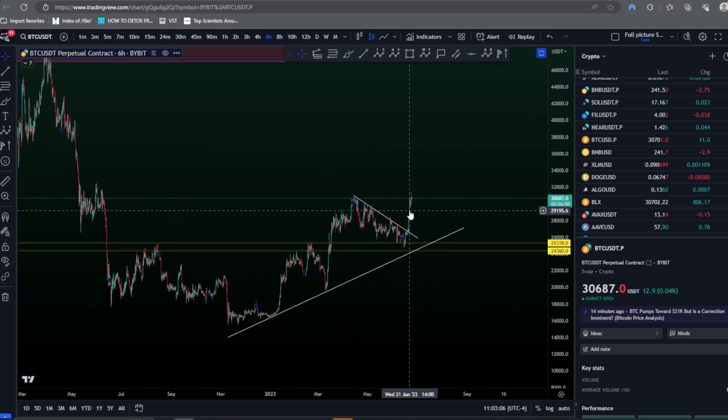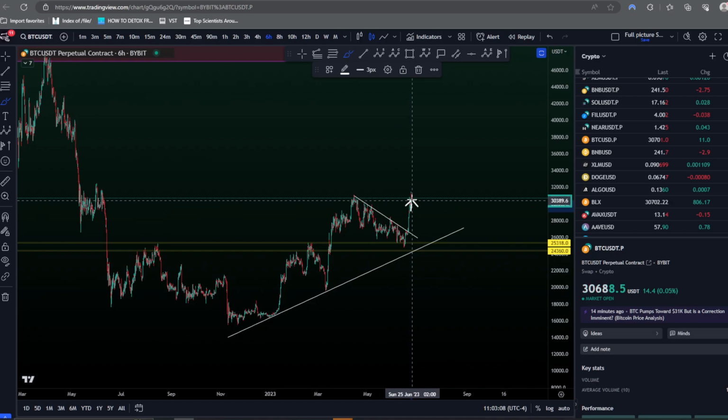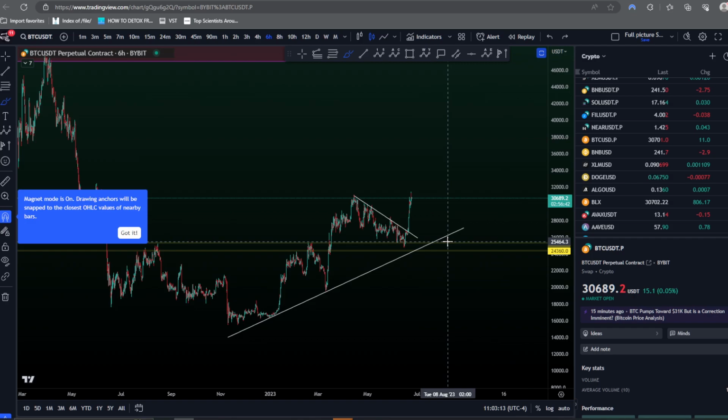Could this just say, screw it, we got all the liquidity we need, let's just take it up to 38K right now? Yeah, it could.